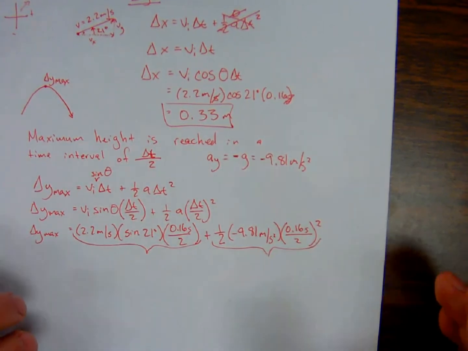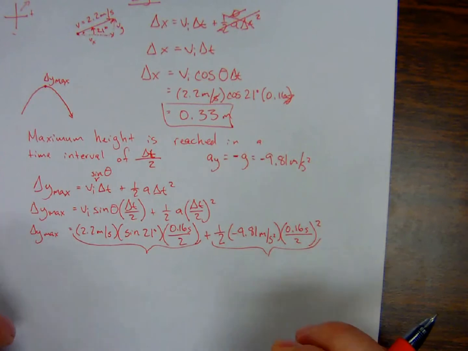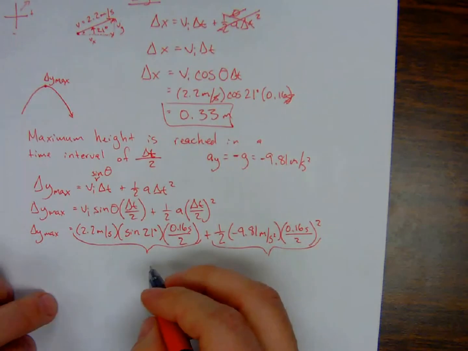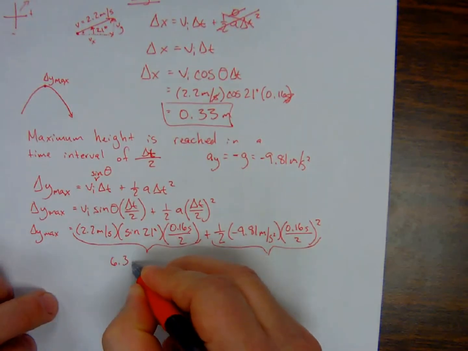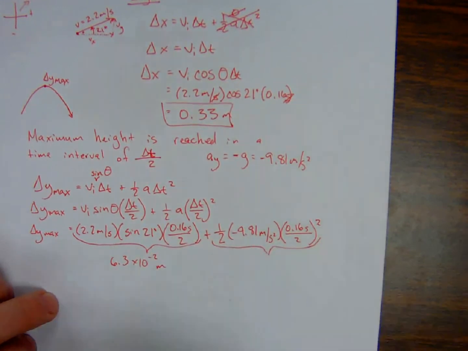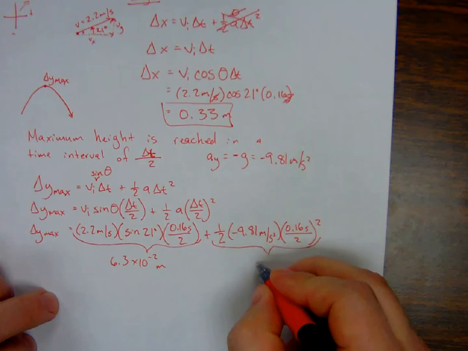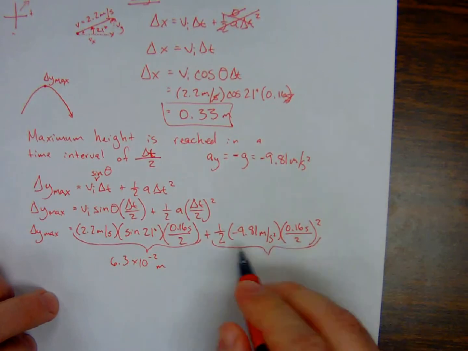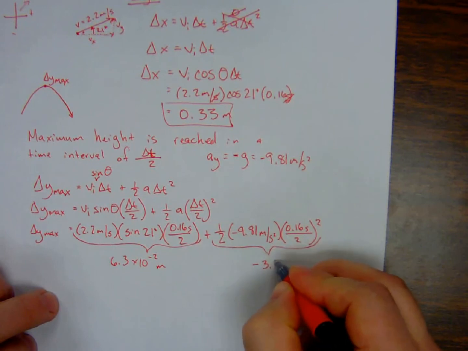It's easier to break those into smaller pieces, because there's always a chance of something funky happening with your calculator, that plus sign, that negative sign. Students still trip up over adding a negative number. But when we actually add this up, we end up with 3.2 times 10 to the negative second meters.